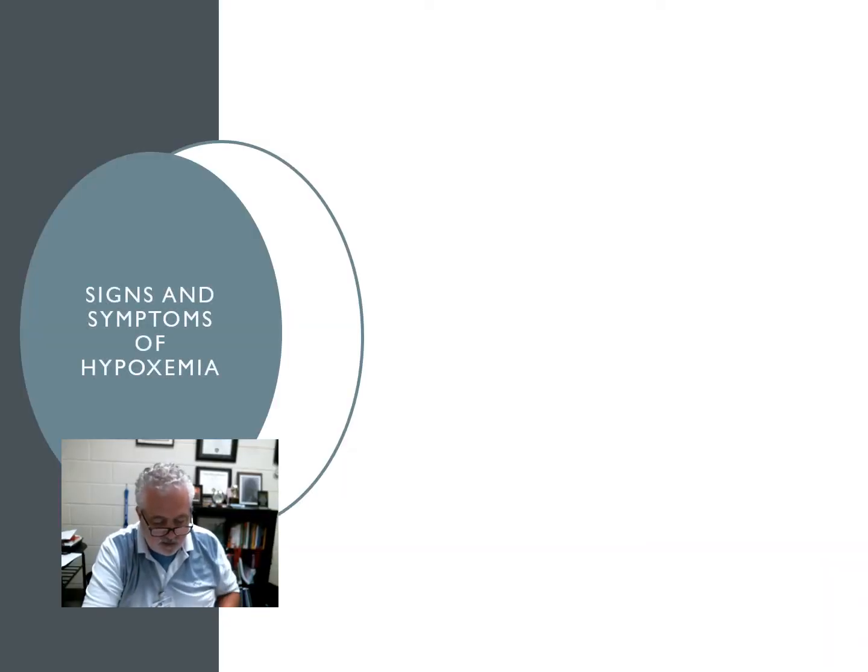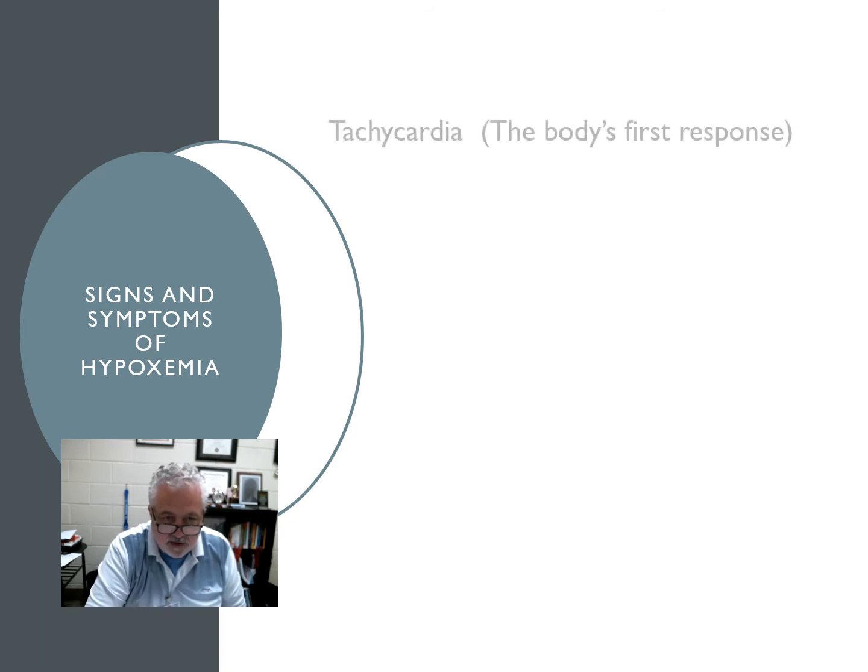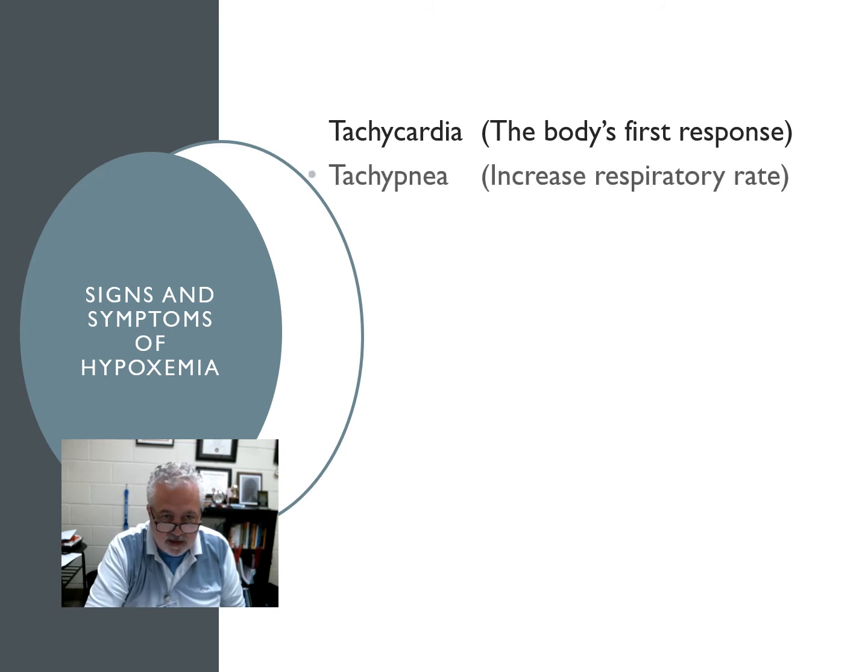So in the book on page 7 at the top left, it talks about the signs and or symptoms, and we talked about the difference in those two things. Hypoxemia: tachycardia is the first clinical sign, the body's first response to hypoxemia. Tachypnea, obviously increase in respiratory rate.